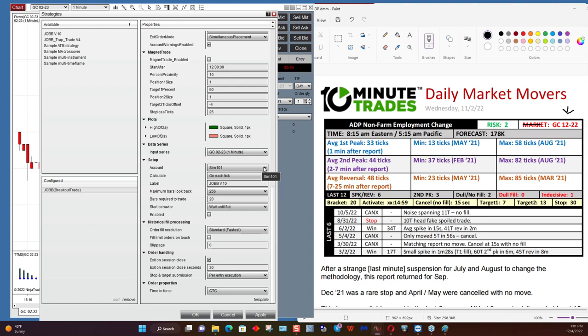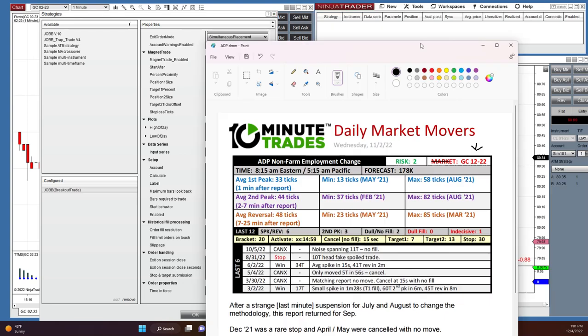Everything else is default. The only other thing I like to do is I like to label the trade, the name of the trade. This was ADP. I call it ADP. Okay. Now what happens is you go to apply and OK, and the trade shows up.